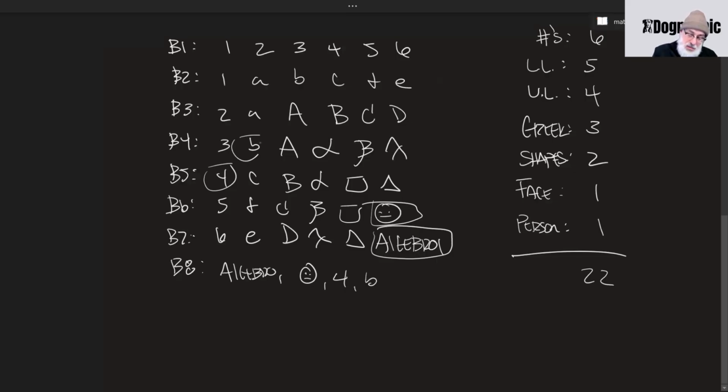But the choice of B now eliminates, we cannot pick any Greek letter. We cannot pick any shape. We cannot pick any lowercase letter other than B and any number other than 4.